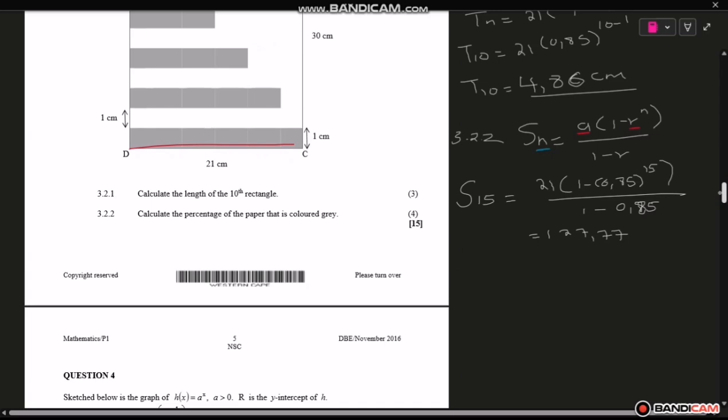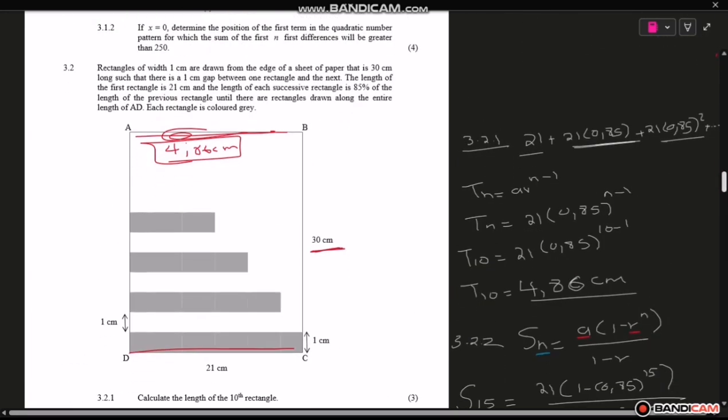Remember, you were taught this in grade 7. The area of a rectangle is length times breadth, or L times B. Therefore, we do have the length, which is 30 here, as we are told in our statement. Then we do have B here, which is DC.